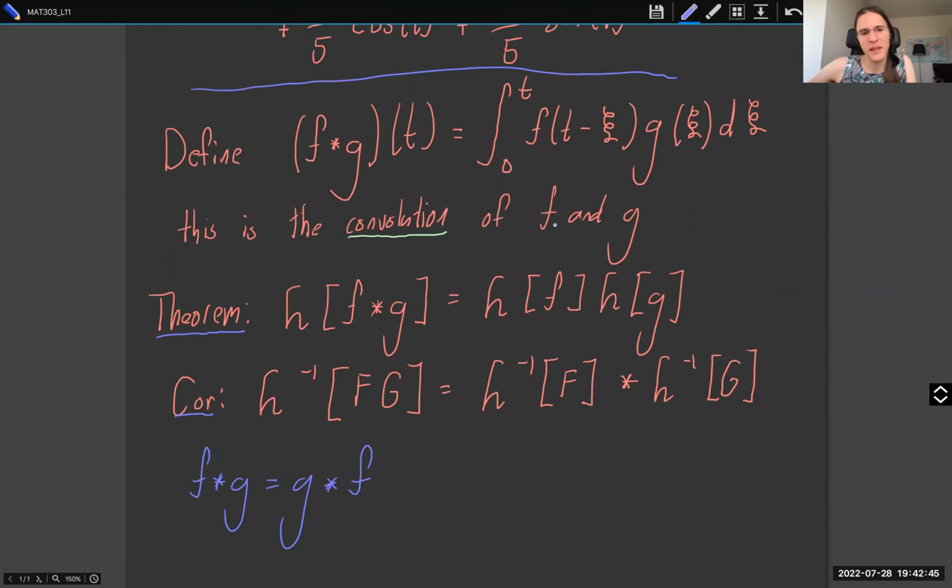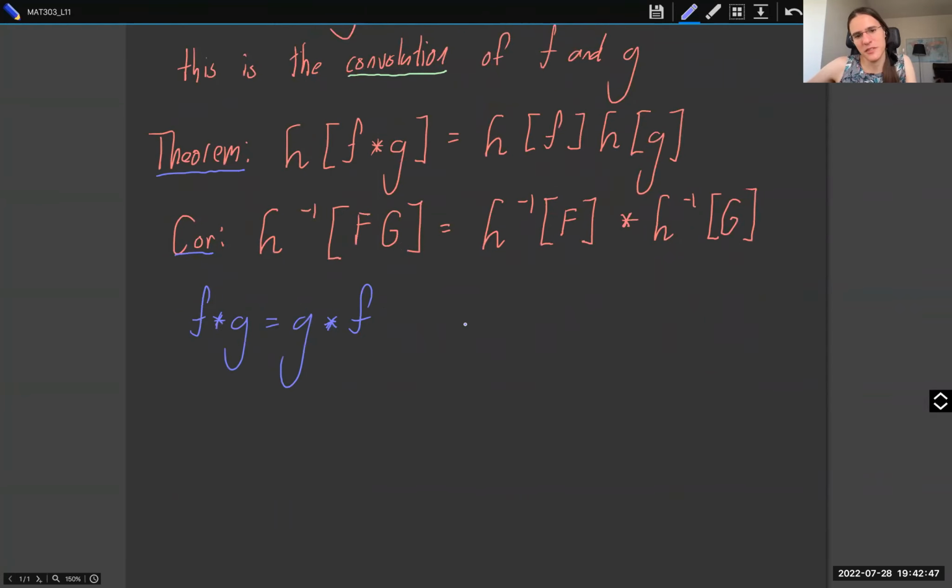It's a distribution. It's also associative. So it's not a group because there's no identity. And then it's bilinear. But the unit is not a function.